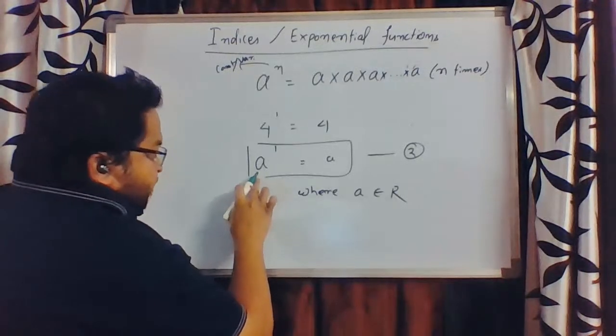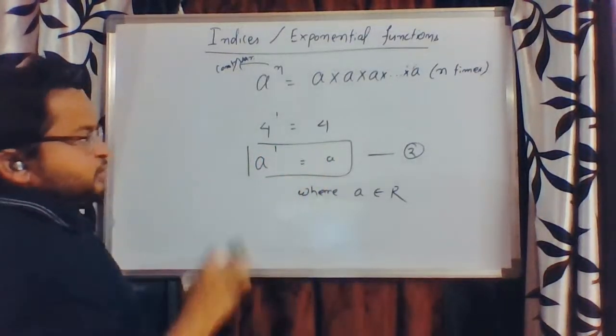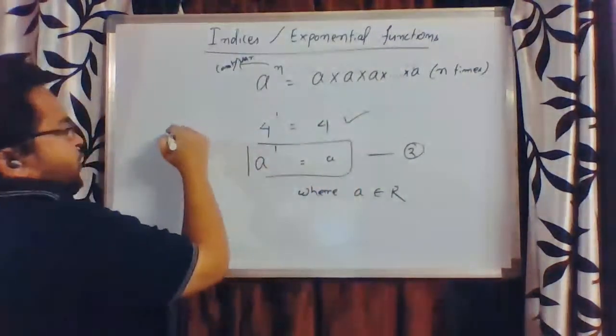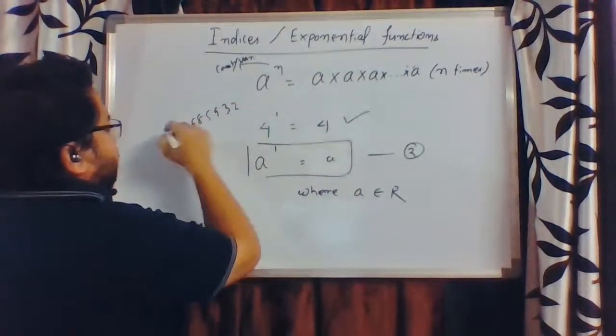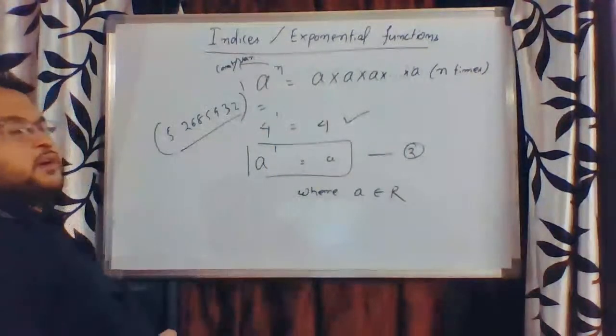Any real number raised to the power 1 would be that same real number itself. So 4 to the power 1 is how much? 4. If I say 5.2685932 raised to the power 1, how much is it? Obviously the same number.